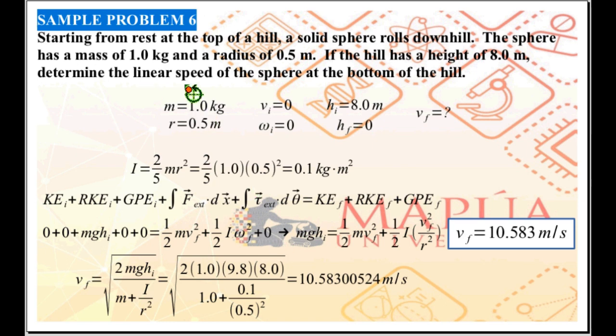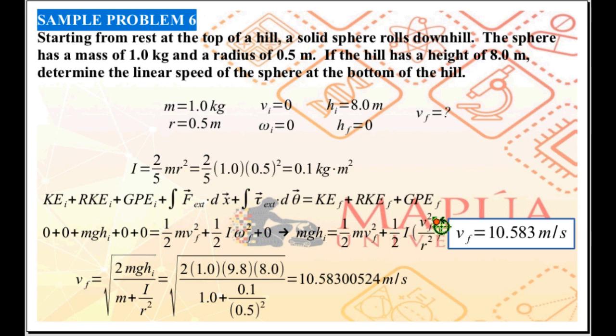Now, the linear speed of a sphere as it rolls is basically the tangential speed of the sphere. And we know angular speed is equal to tangential speed divided by radius r. So, final angular speed is final tangential speed divided by r, squared.